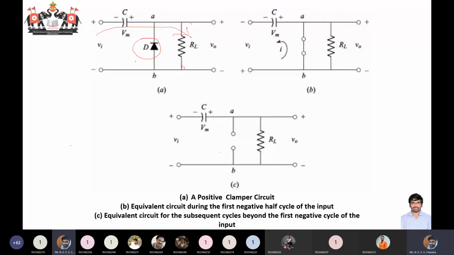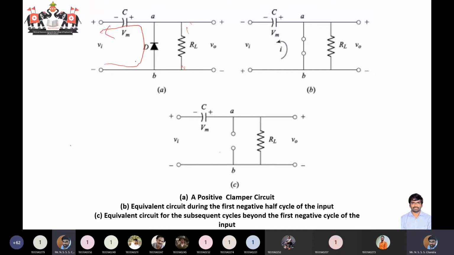And in the first negative half cycle, your diode becomes forward biased. When it is closed, your capacitor gets charged in this manner.